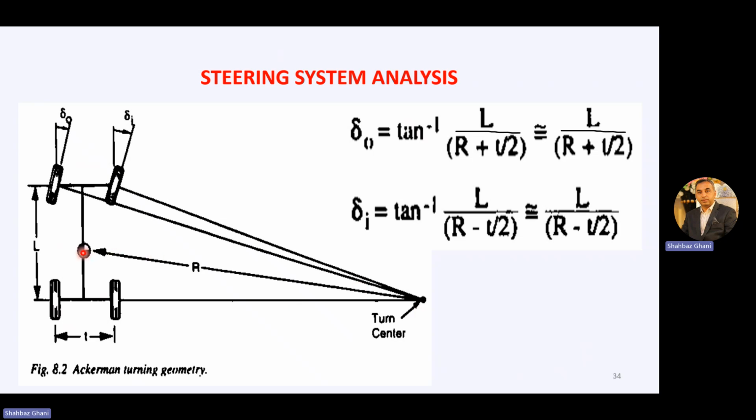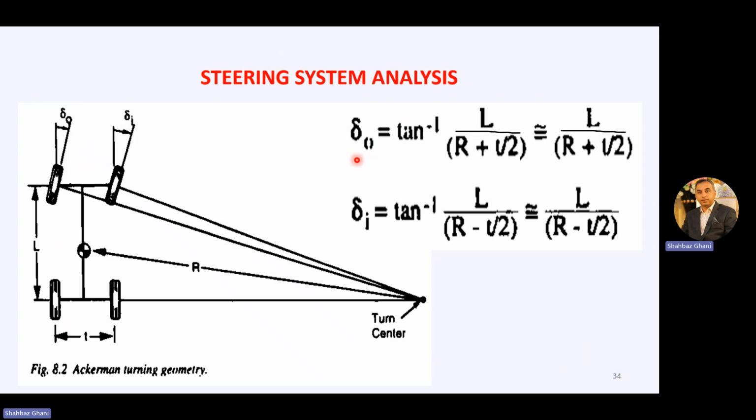Now, this point is the center of gravity of the vehicle, and this R is the radius of the turn. So turn radius R. So delta i, or delta inner, and delta o, or delta outer.